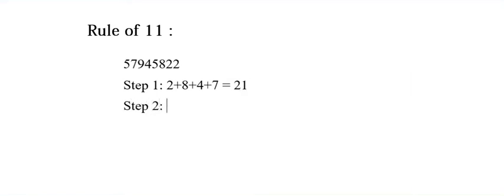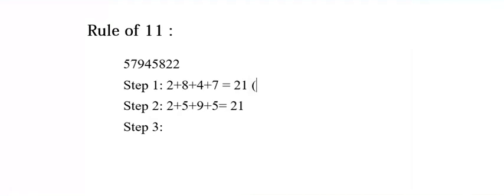Now we'll go to step number 2. We'll find the sum of the digits at even places. So what are the even places here? 2 plus 5 plus 9 plus 5. So what is the sum here? The sum should be equal to again 21. Now step number 3, what do we do? We check the difference between the sum of the digits at the odd places and the sum of the digits at the even places.